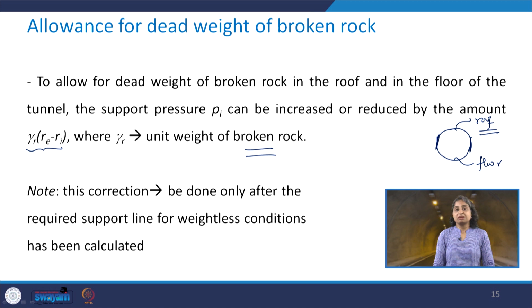You need to keep in mind that this particular correction should be done only after the required support line for the weightless condition has been calculated. Repeatedly I have been telling you that first we do not consider the dead weight of the broken rock in the analysis. Once we do it without the weight of the broken rock, we then incorporate it indirectly in this particular manner to take care of the GRC for the roof and for the floor.